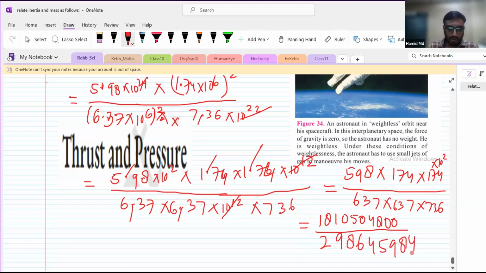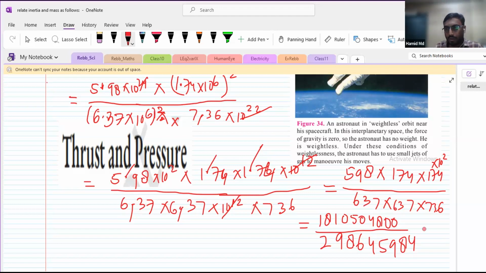298645984. Now it's time to divide the whole number: 181050480 divided by 298645984.